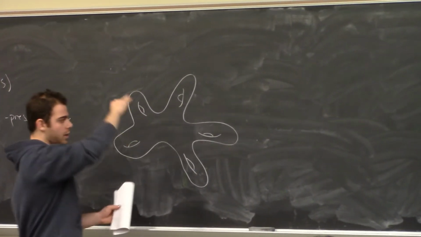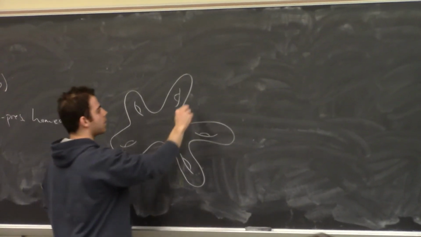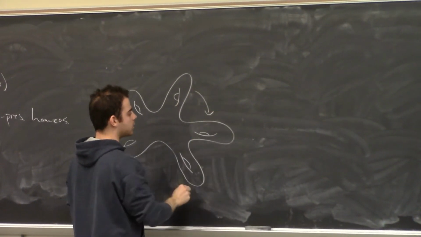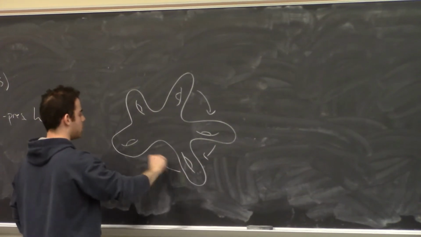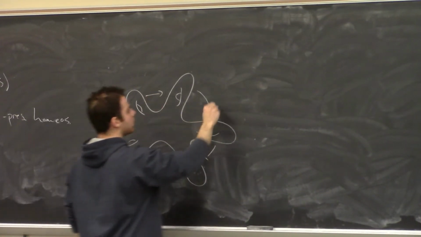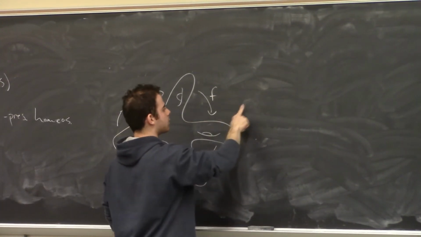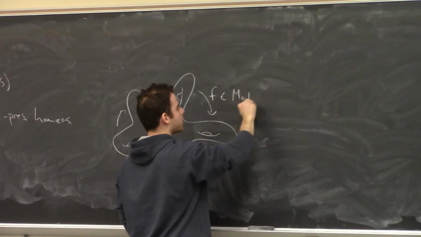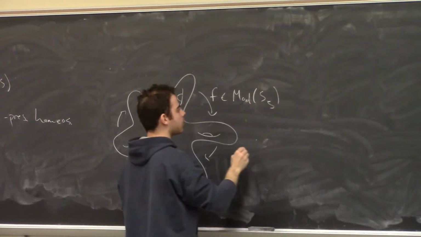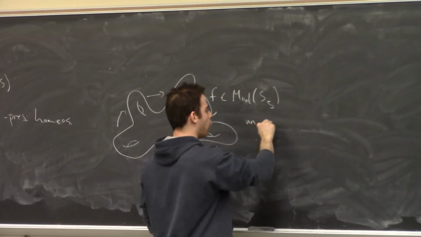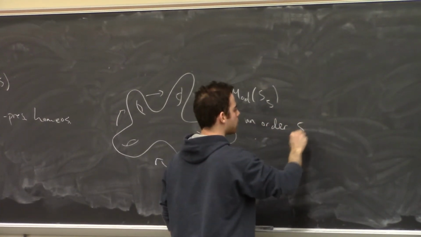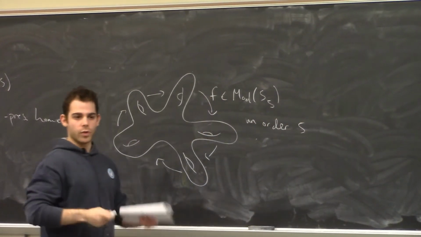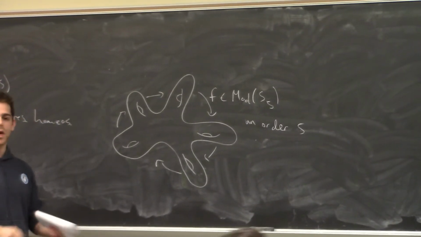If I just rotate it, I'm going to send this hole to this hole, and in turn this one gets sent here, whatever. So this F, which is in the mapping class group of S5, is an order 5 element of the mapping class group. And we know it's order 5 because if I rotate this thing 5 times, I'm going to get the identity.